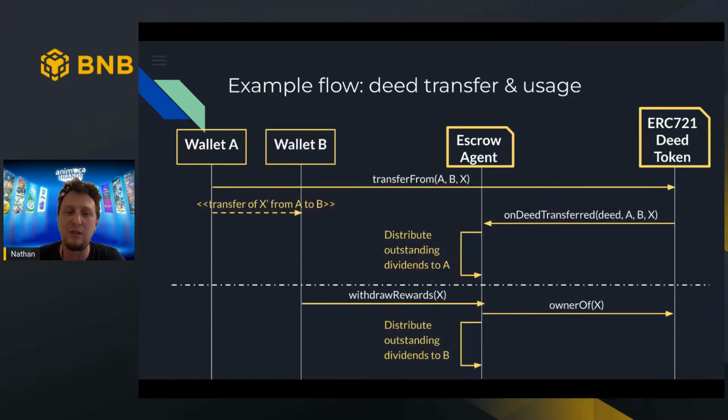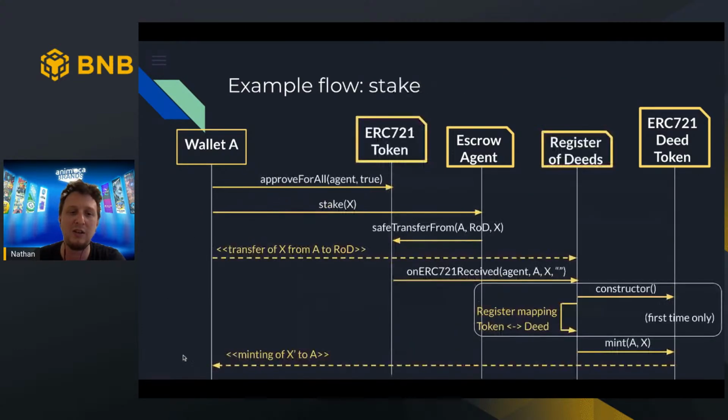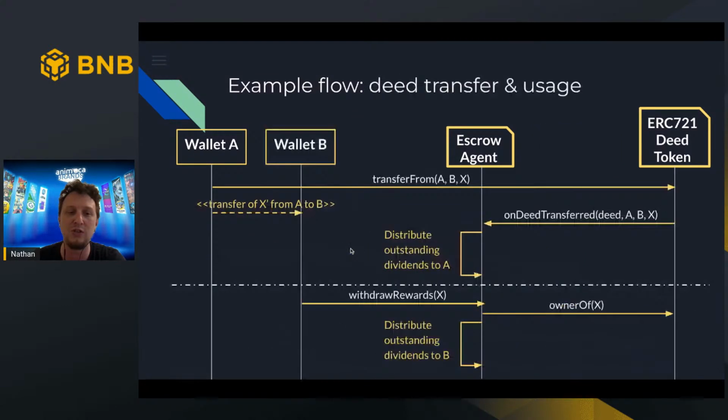Then in the case of usage, we have two use cases here. These are two separate transactions. This here is all going in one transaction. So the first transaction shows when wallet A wants to transfer X prime to wallet B. We call transferFrom on the deed token, which will effectively transfer the token to wallet B and call a specific onDeedTransfer callback to the escrow agent.